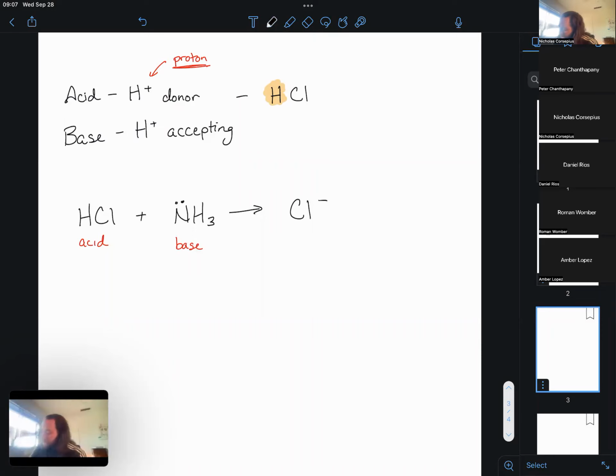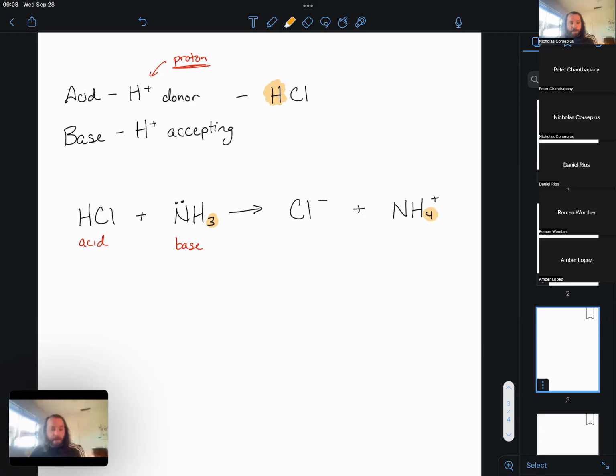Okay, and the base is going to be the one picking up that proton, right? So now I'm going to draw my formula for my base, but now notice the difference, right? So let's just play spot the difference here. Here, my base had 3 hydrogens. Over here, now it's picked up that extra one and has 4.